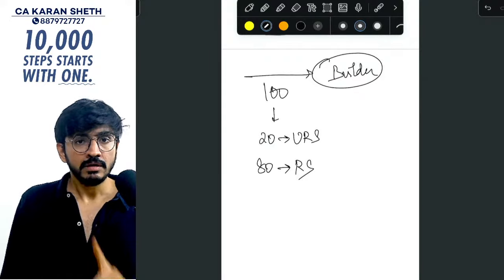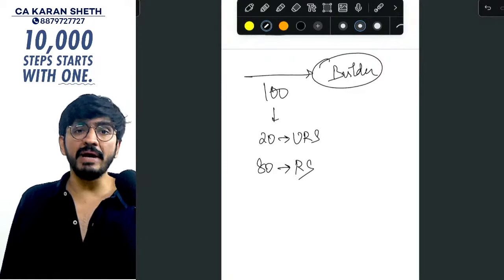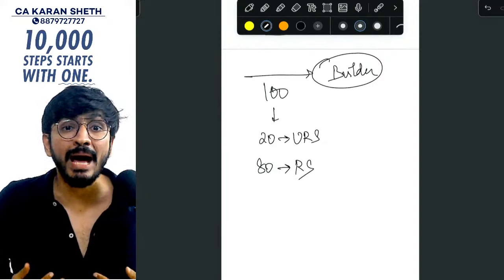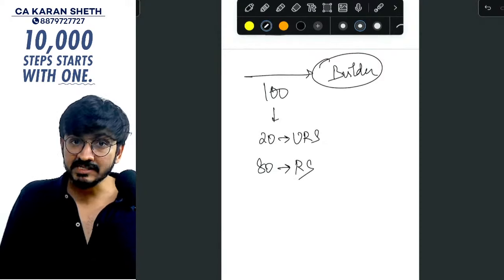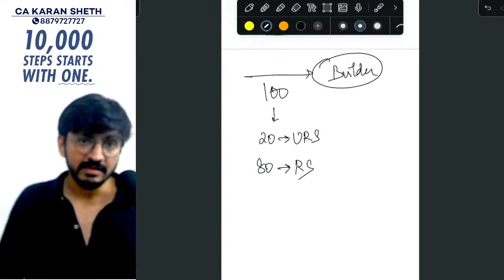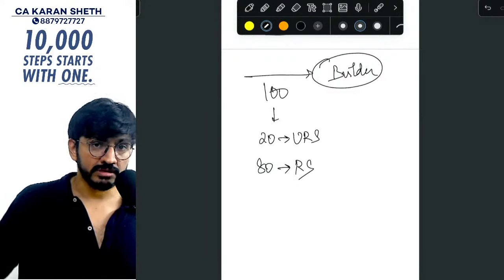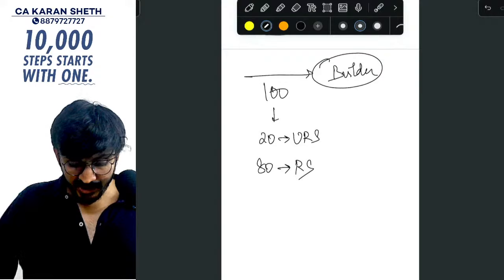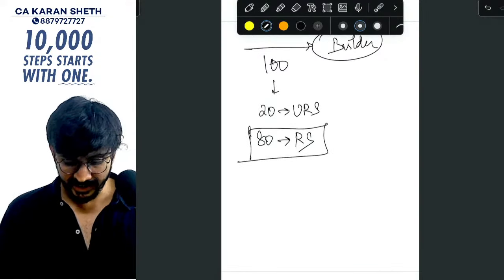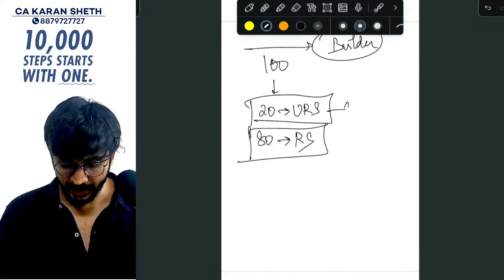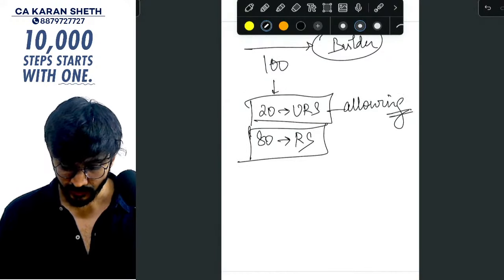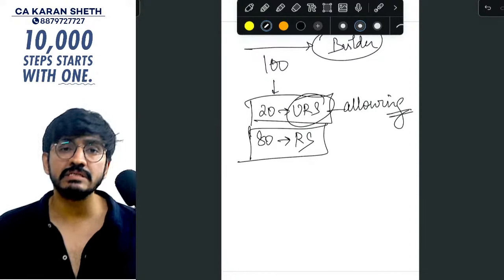Got it? Yes. So minimum 80%. If you buy more, I am happy. Because that registered supplier will charge GST and the recipient will not get any ITC, right? And that is what the government wants, right? So minimum you have to purchase 80 from registered. 20 I am allowing you to buy from unregistered persons.